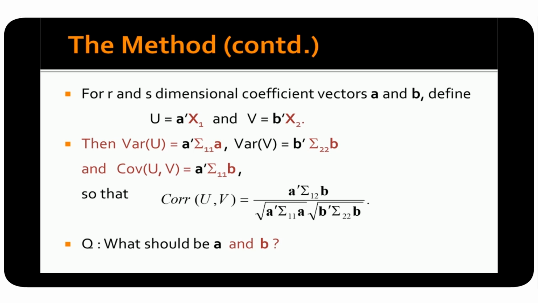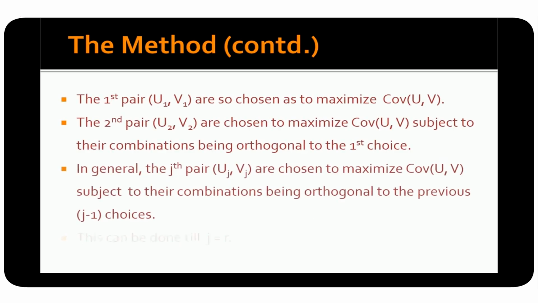And the covariance between u and v is a prime covariance of x1, x2 into b, which is a prime sigma 12 b. And the correlation between u and v is therefore given by a prime sigma 12 b divided by the square root of a prime sigma 11 a into b prime sigma 22 b. Now, the question is, what should be our choice of a and b?